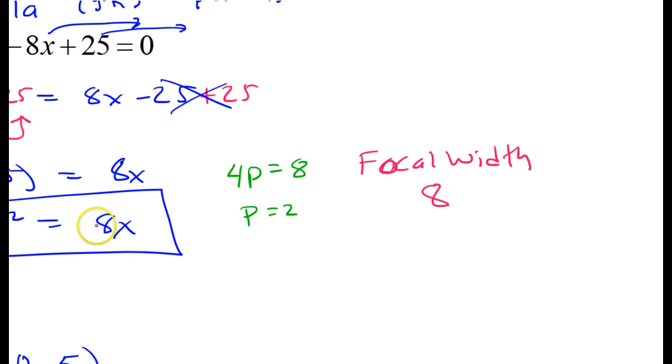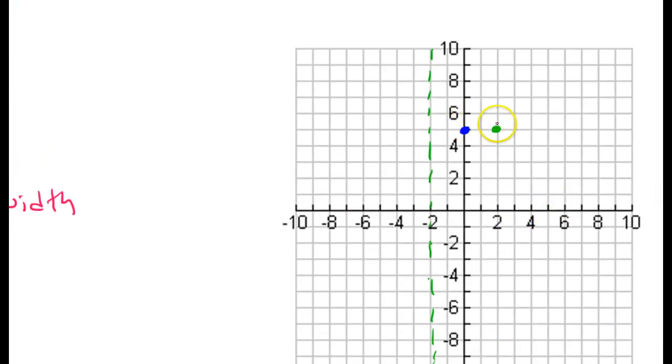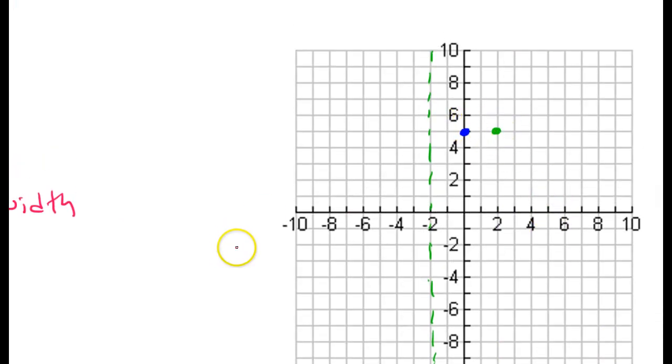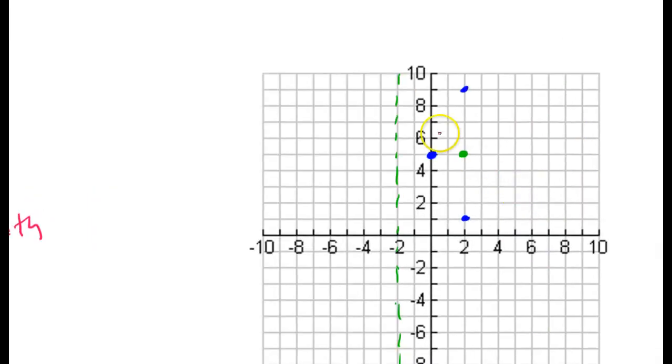Even if this had been a negative number, I would still say positive 8 for the focal width. Now the focal width means that the width of the parabola at the focus is 8. So if I go over to the focus, if I go up 4 and down 4, that gives me a focal width of 8. So that's enough information for me to draw the parabola.